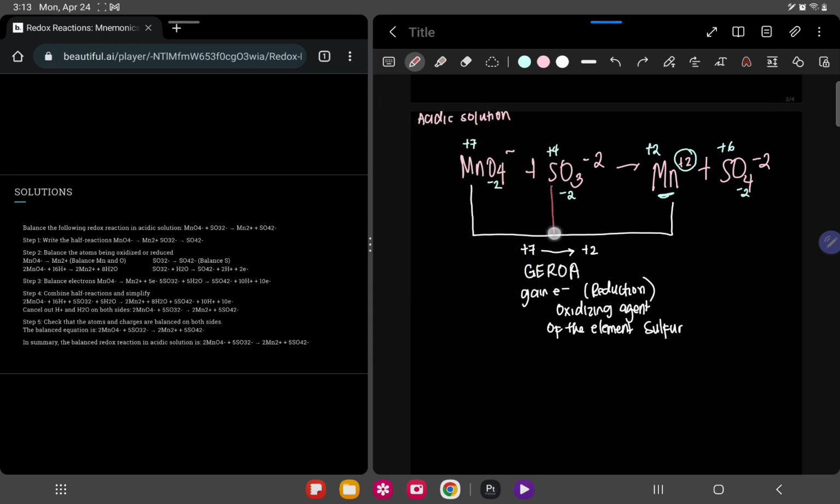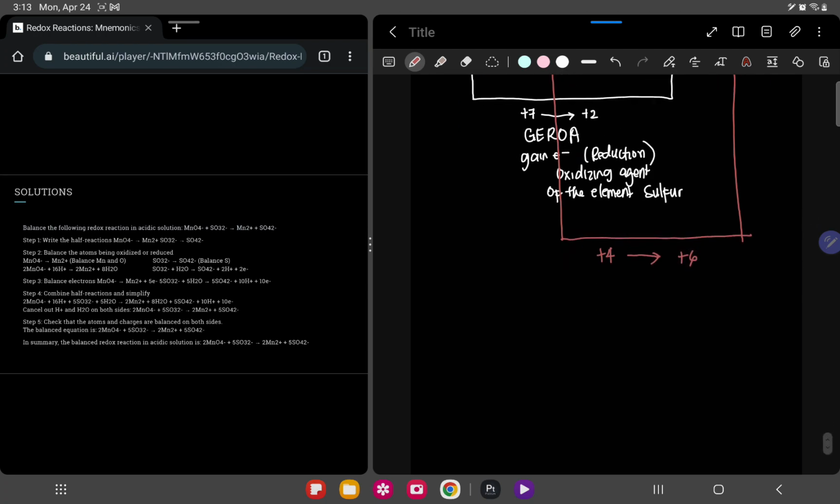Our sulfur here from positive 4 became positive 6. So what happened here is it gained more positivity, which means it is losing negativity, right? So it is losing electrons because it became more positive.